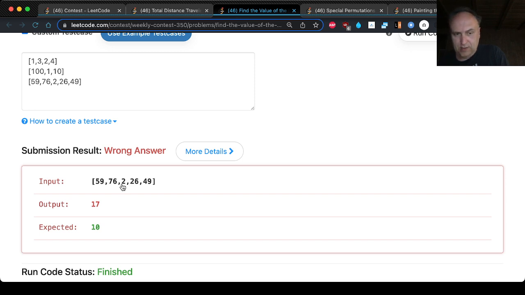And it's going to be prefix min. Prefix min, it's 59. 76.